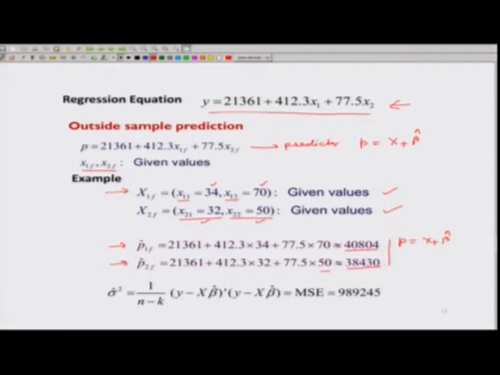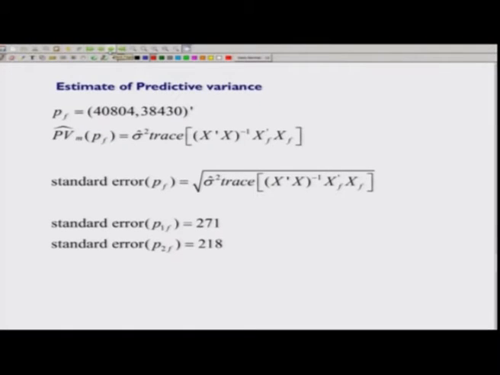Okay. Now, the value of sigma square we have obtained directly from the analysis of variance table that we had obtained in the software. Okay. So, now based on that we have two values of predictor like this, and we calculate their standard errors.